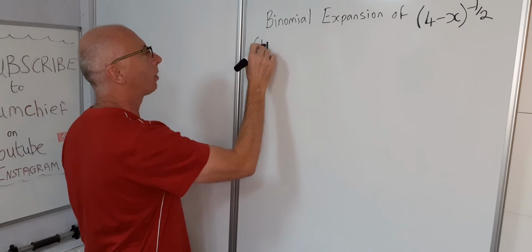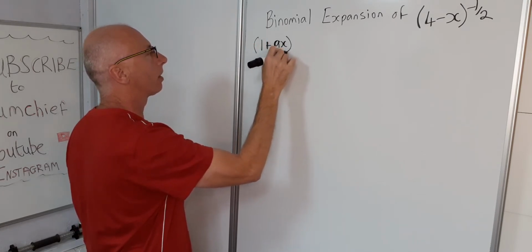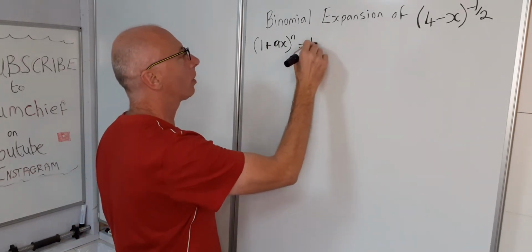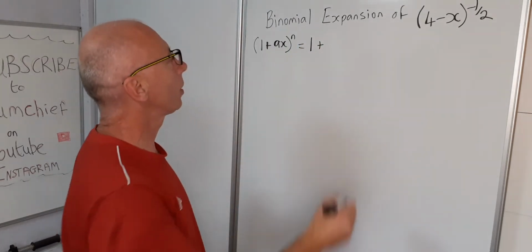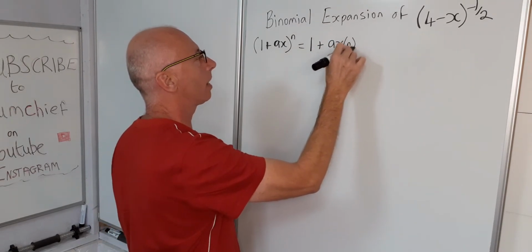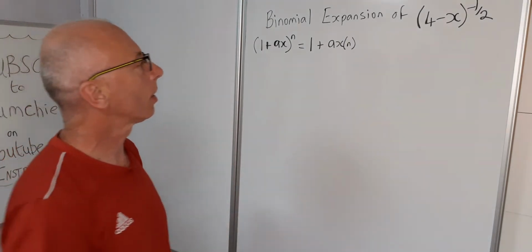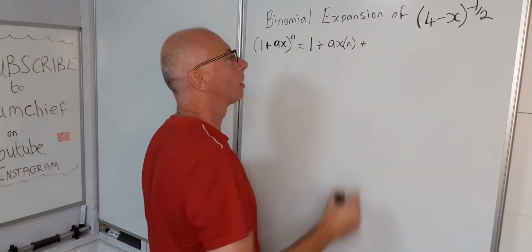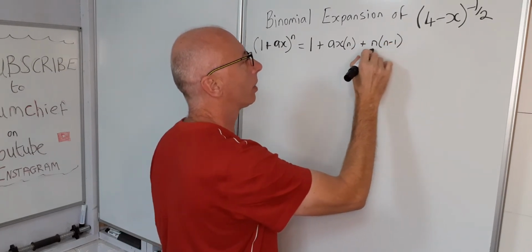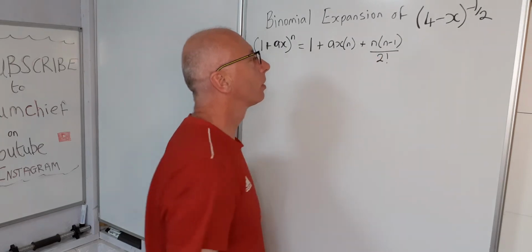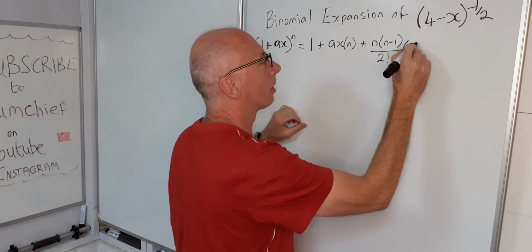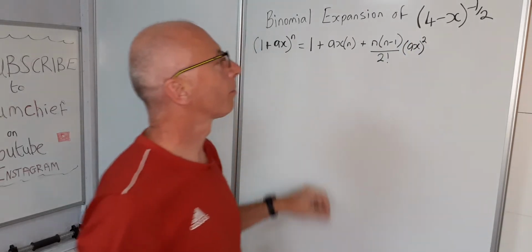So that states that 1 plus ax to the power of n is equivalent to 1 plus, first term is ax times n. Second term is plus n times n minus 1 over 2 factorial, multiplied by ax squared.